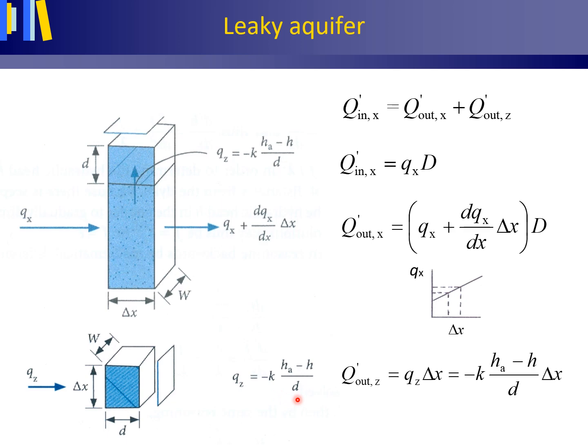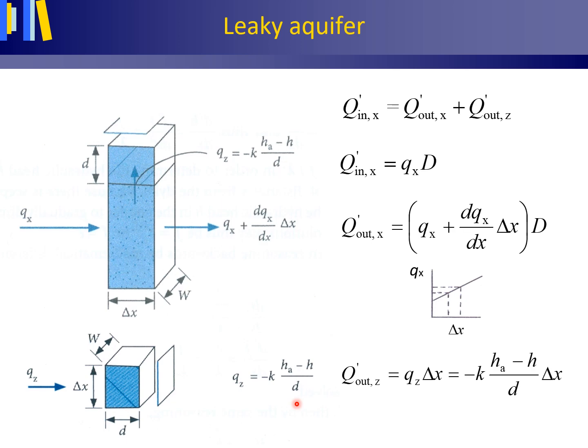The hydraulic gradient is the hydraulic head to which the water flows, thus HA, minus the hydraulic head from where the water flow dispatches, H of the aquifer, and this hydraulic head difference we must then divide by the location to which the water flows minus the location from where the water flow dispatches, thus the thickness or depth small d of the confining layer, d for upward flow being a positive number.